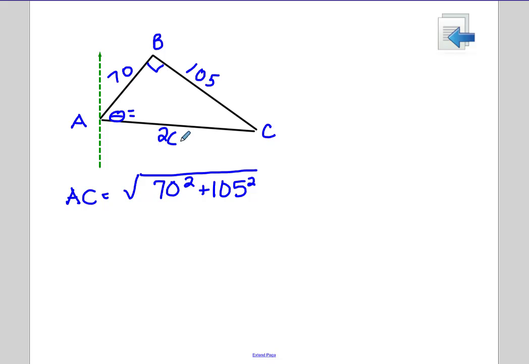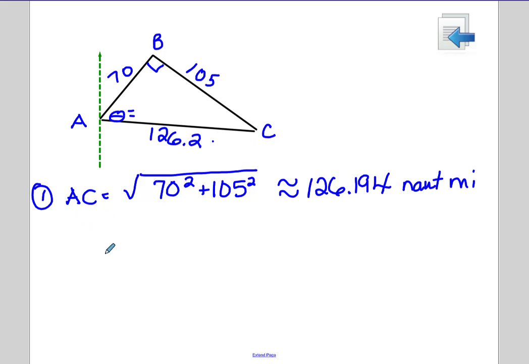So this side is roughly 126.2 nautical miles. So find the length of AC, and then we can find the angle theta for the bearing.